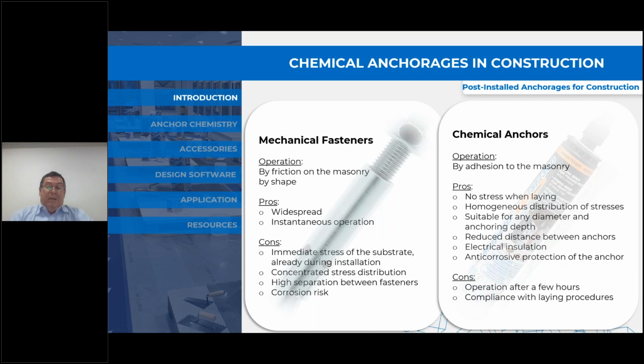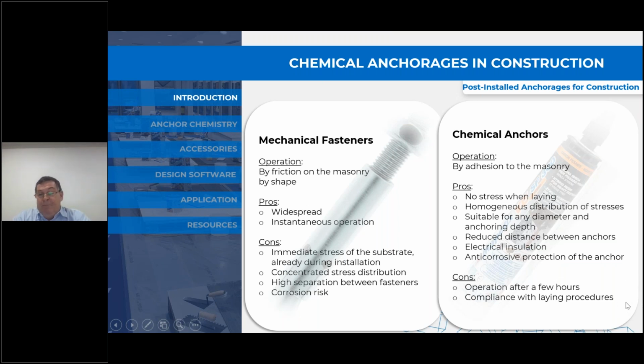So with these mechanical fasteners, you get an instant result, and you don't need to wait for anything to cure, so it's immediate. Its concentrated stress distribution is a problem, and there's a high separation between fasteners, and of course corrosion can be a problem with these metals.